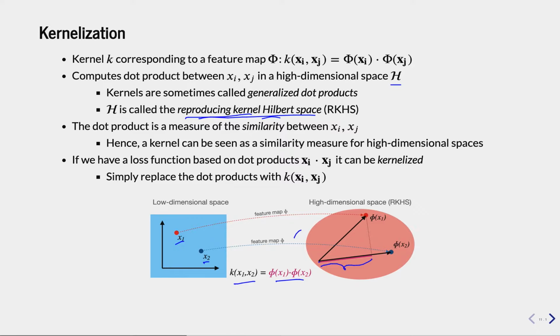Okay, now since a dot product is a measure of the similarity between 2 points, remember the dot product. I have 2 points here, x1, x2. If x1 and x2 are in the same direction of the space, which means they have a small angle, then the dot product will be high. If they are in different directions, the dot product will be very small, or if they are opposites, then the dot product will actually be negative.